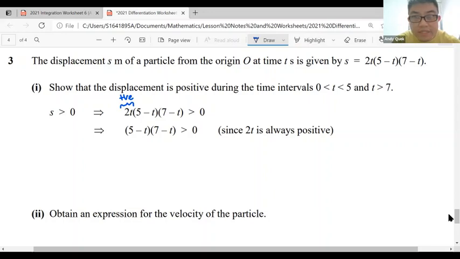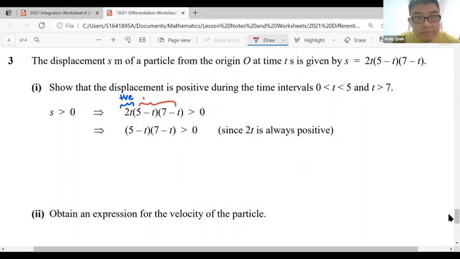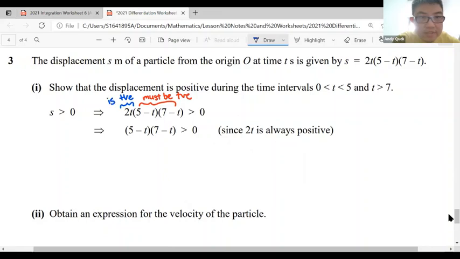So what does that mean? That means that this second chunk here must be positive. Okay, so that's another way to look at it. This first one is positive, so the second part must be positive for the whole thing to be positive.